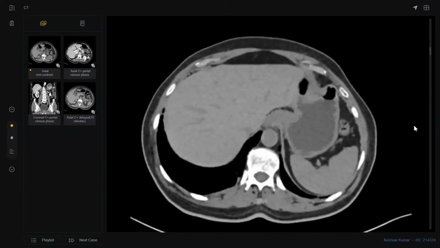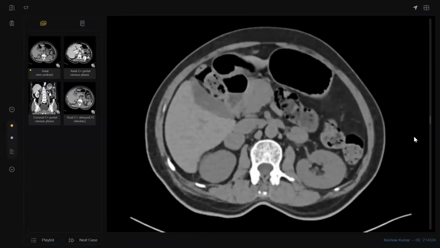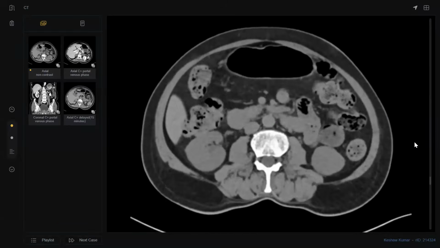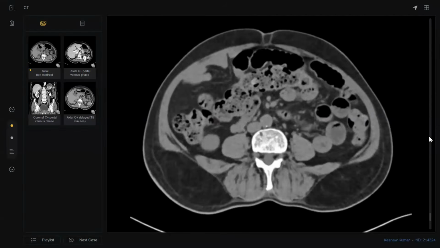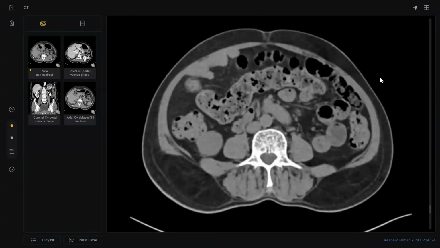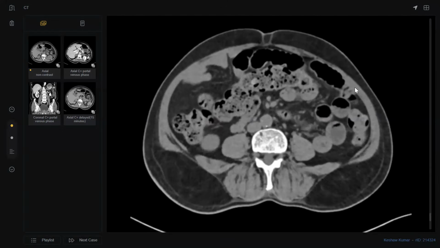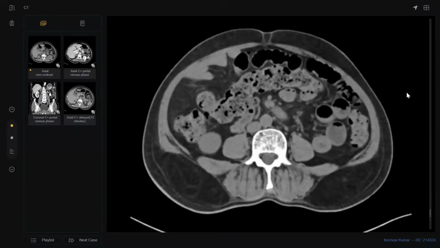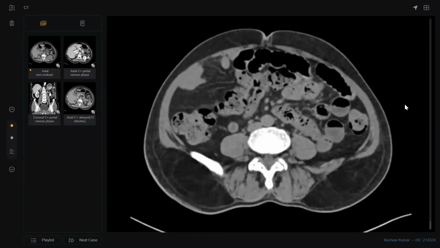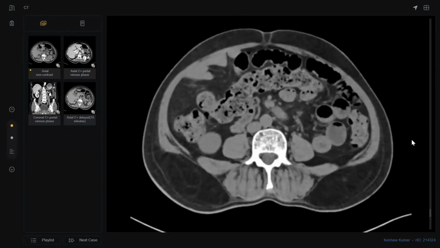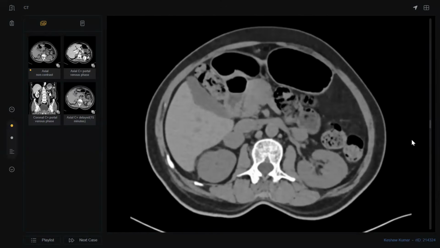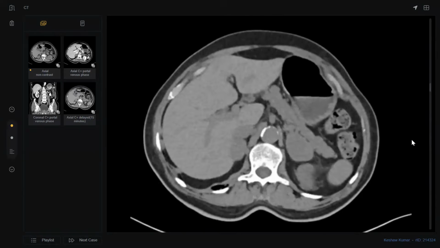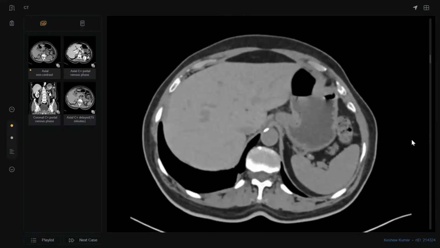Soft tissue areas are noted along the peritoneum on the right side, especially along the right anterior abdominal peritoneal lining. There are multiple homogeneous soft tissue areas. I am looking for any other deposits in the mesentery, lymph nodes and other masses in the peritoneum.